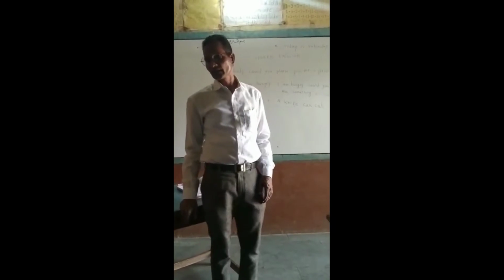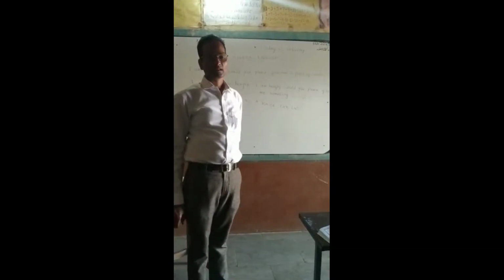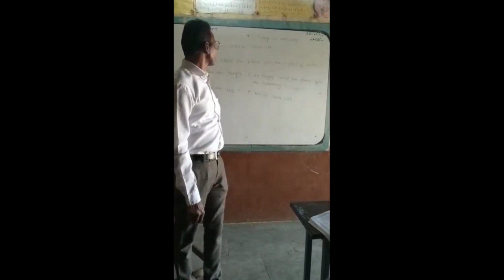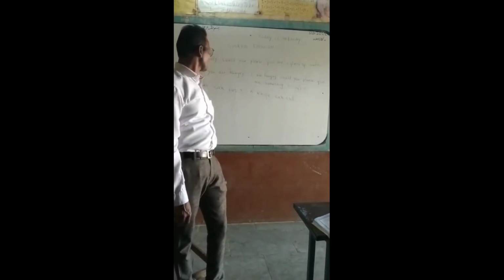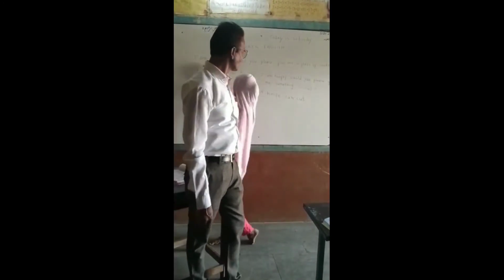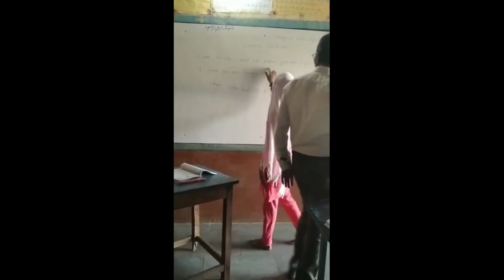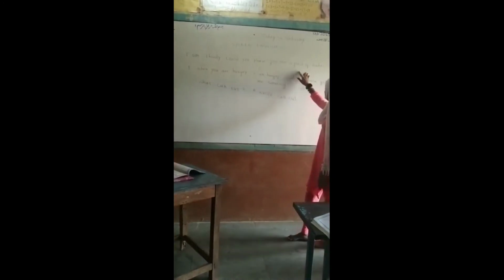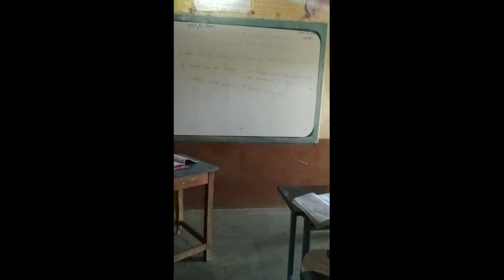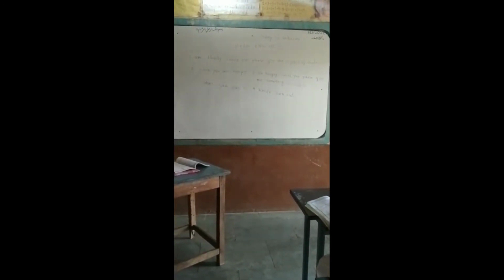This is English activity, class 7 spoken English. Samir, please come, read this sentence. I am thirsty. Could you please give me a glass of water? Very good. Please, Saad, come. Saad Patel.